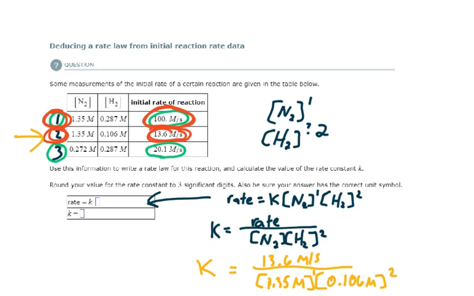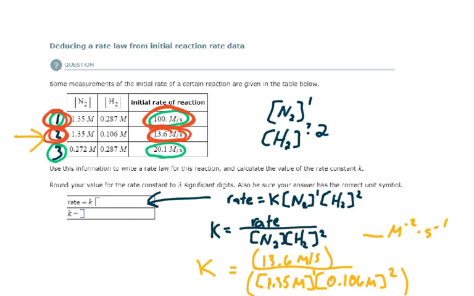So if I solve for K, I just plug this into my calculator. This divided by all of that. And I notice that this reaction is what order overall? It is third order overall. So my units for K will be some number, molarity to the negative 2 times seconds to the negative 1.